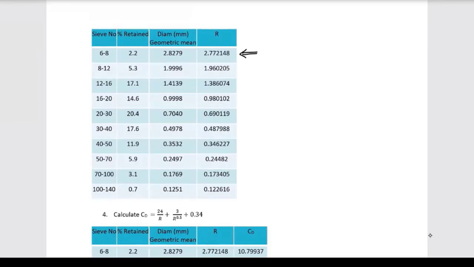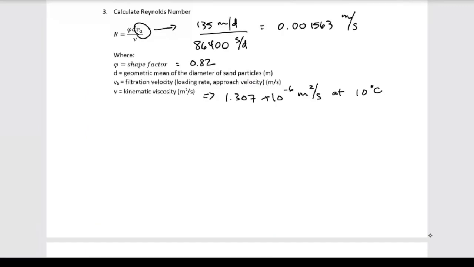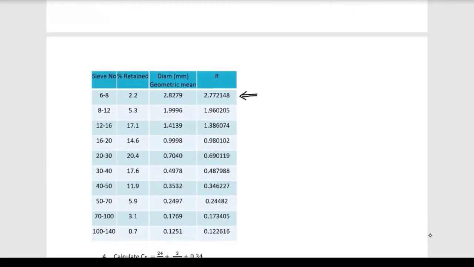For the Reynolds number, what happened to the rest of the factors? This is the same Reynolds number that we used before. I'm not sure about the question. What factors? Oh yeah, it only has V_A on the top, so I was wondering what happened to the shape factor. The shape factor is actually included in here.